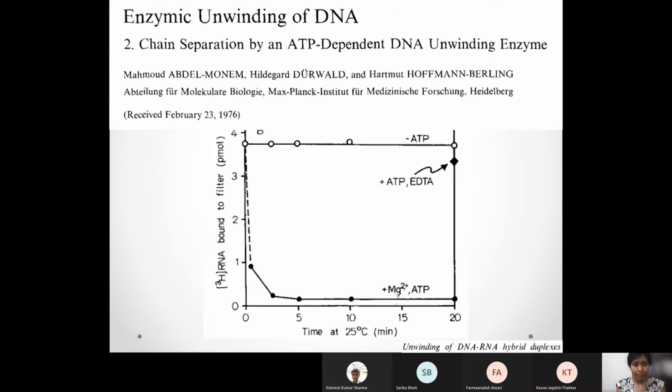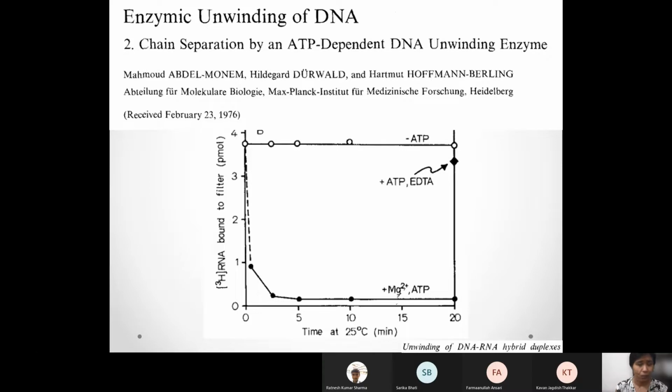You can understand that 1976 was a time when they did not have a lot of different tools, but they had a means to identify whether the RNA is free or bound in a DNA-RNA complex.